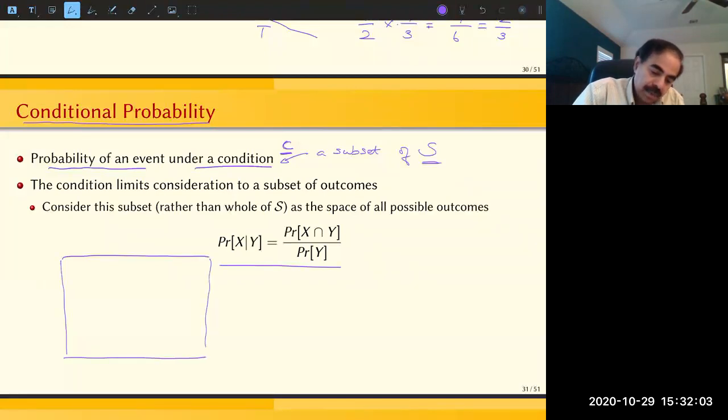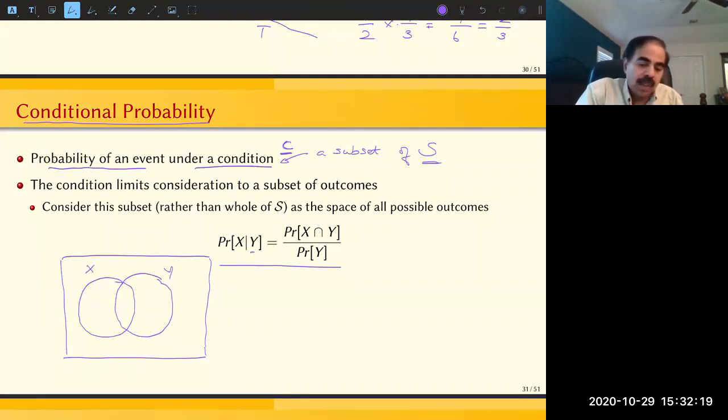So here is X, and here is Y. This is the notation we use for saying what is the probability of X under the condition Y, right?